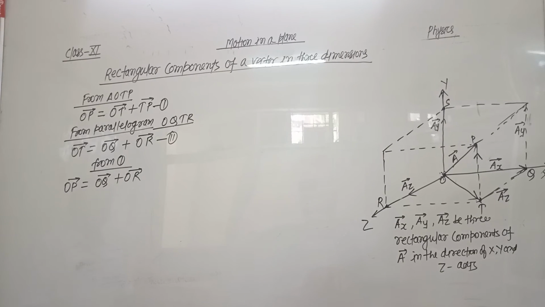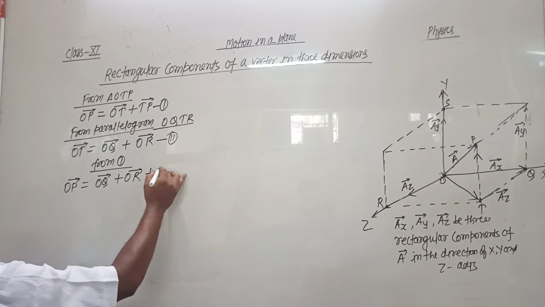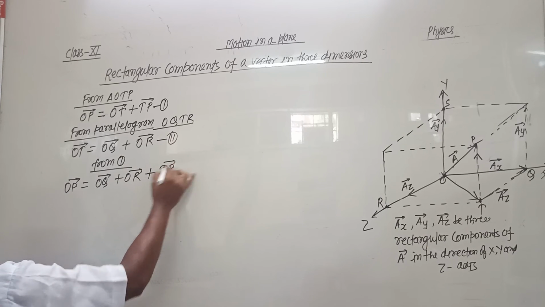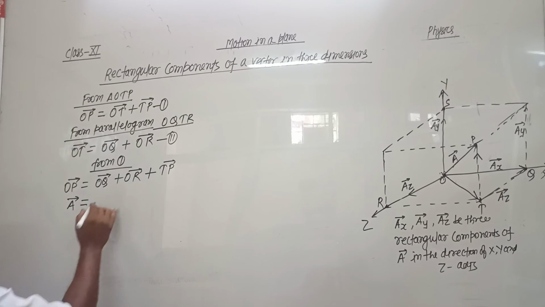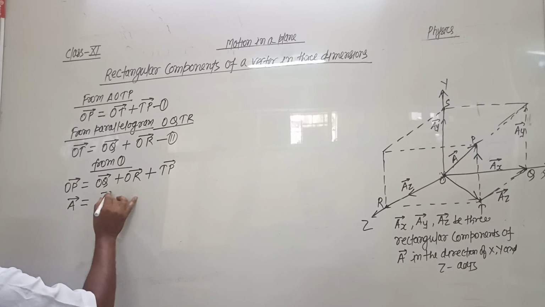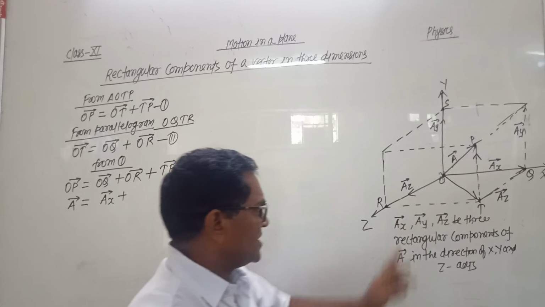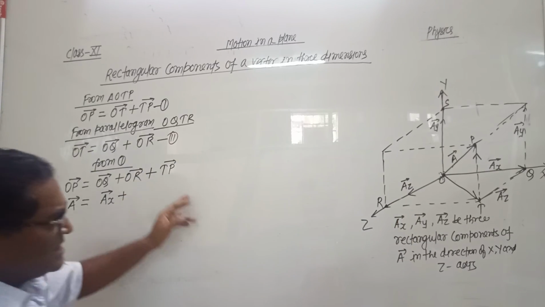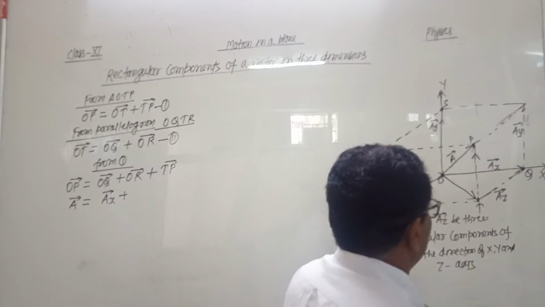So the OP vector equals the OQ vector plus the OR vector plus the TP vector. Now the OP vector is given by vector A, the OQ vector is represented by vector AX, the OR vector is represented by AZ, and the TP vector is represented by AY.